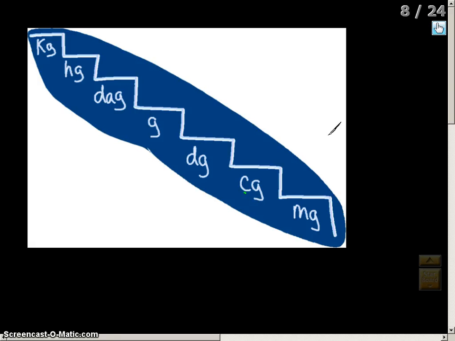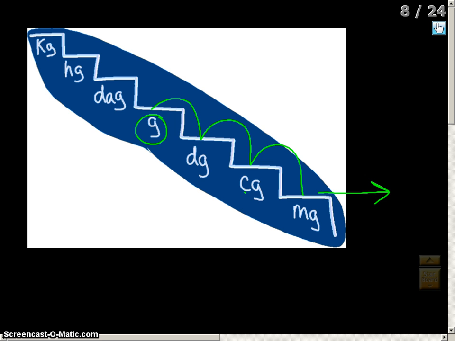Now, in order to convert these units of measurement, we have our stair steps here. Instead of having meters or liters, we're using the G for grams. Same concept. As you move down the steps, your decimal will move to the right.